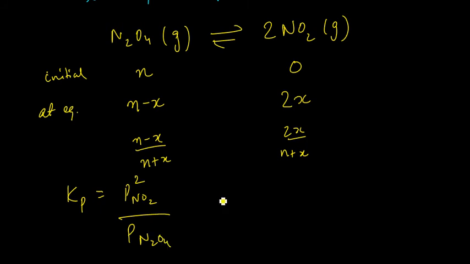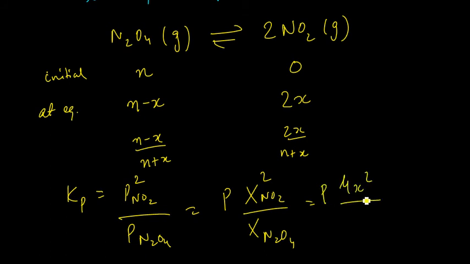That's P total squared by P, that is P to the power delta nu, which is just P times x of NO2 squared by x of N2O4, which comes out to be P times 4x squared over n squared minus x squared.